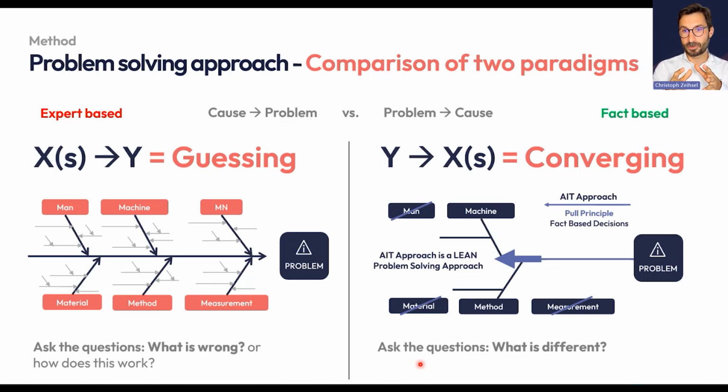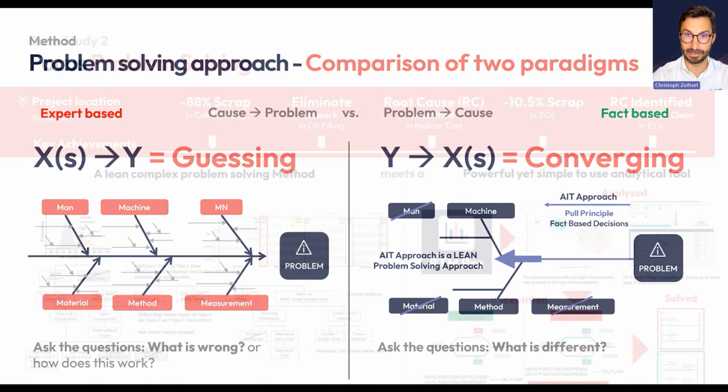By asking that question, and that is exactly what RTM is made for, we are sure that we quickly converge towards our root cause candidates, which later we test, and we implement the countermeasures and ensure that it is solved permanently.